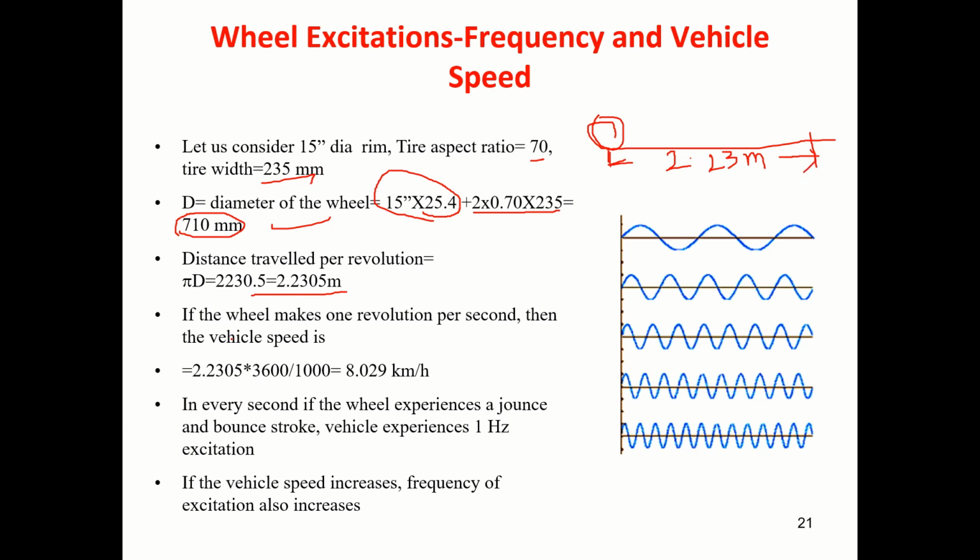So if the wheel makes one revolution per second, the vehicle covers 2.23 meters each second. In 3600 seconds it covers so many meters. If I divide by 1000 I'll get kilometers, so kilometers per hour.